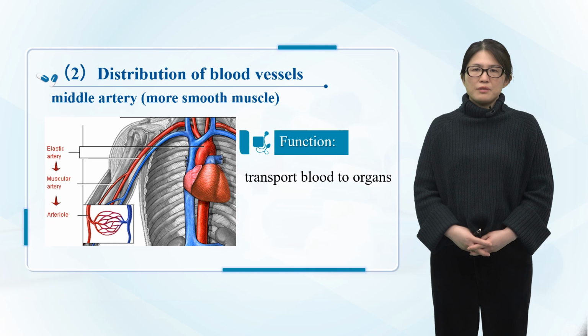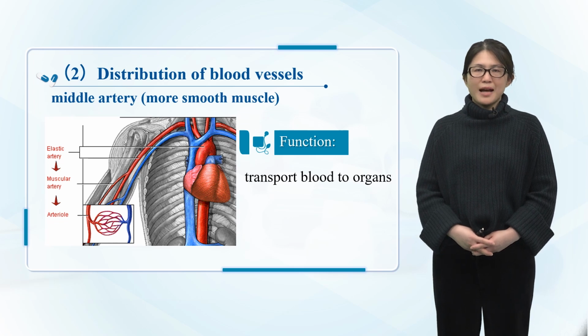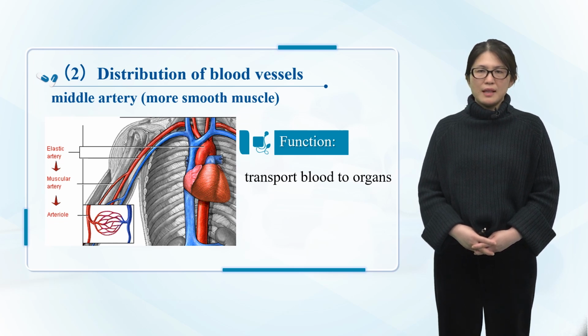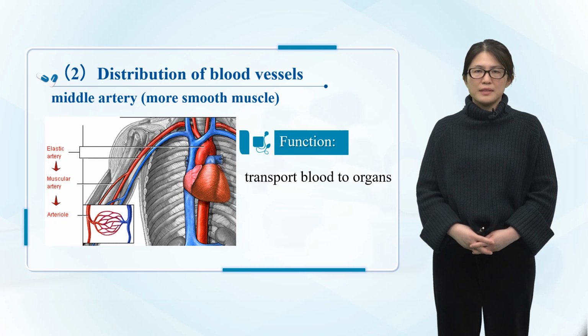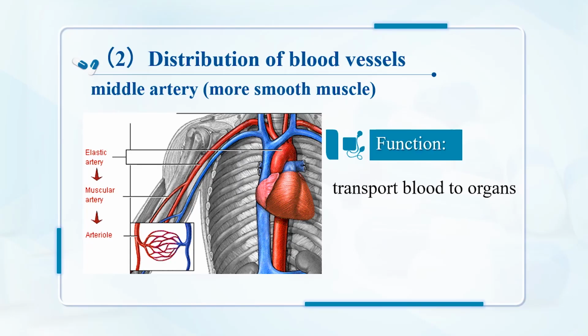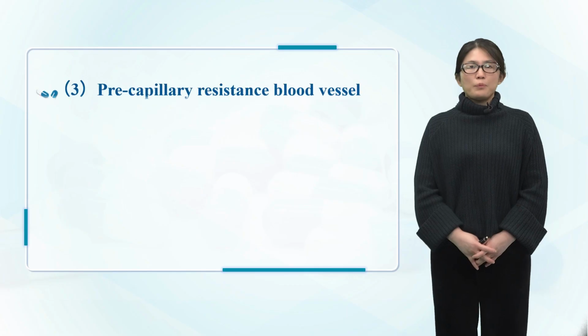The distribution vessel refers to the middle artery, that is the arterial duct from the elastic reservoir vessel to before branching into small arteries. The function of distribution vessels is mainly to transport blood to various organs and tissues.